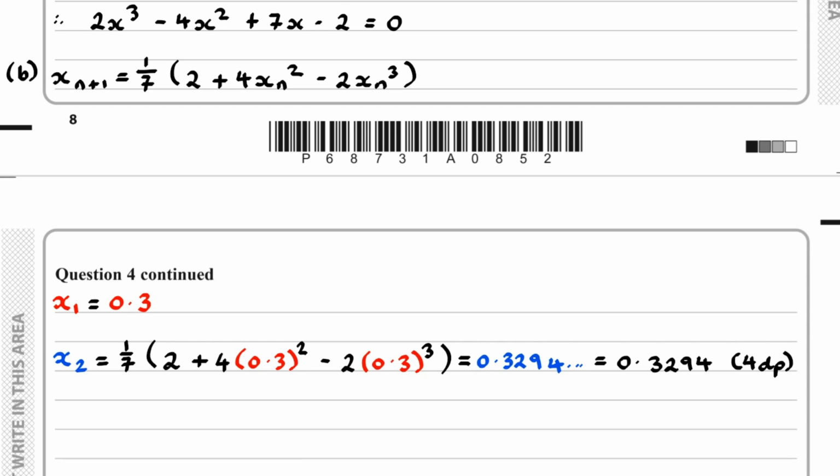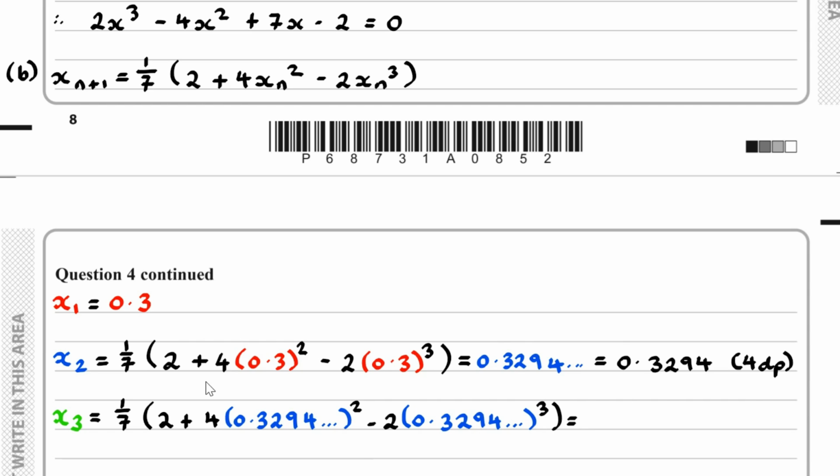Now, to find out what x3 is, that's equal to 1/7 lots of 2 plus 4 lots of 0.3294, etc. squared minus 2 lots of 0.3294, etc. cubed.